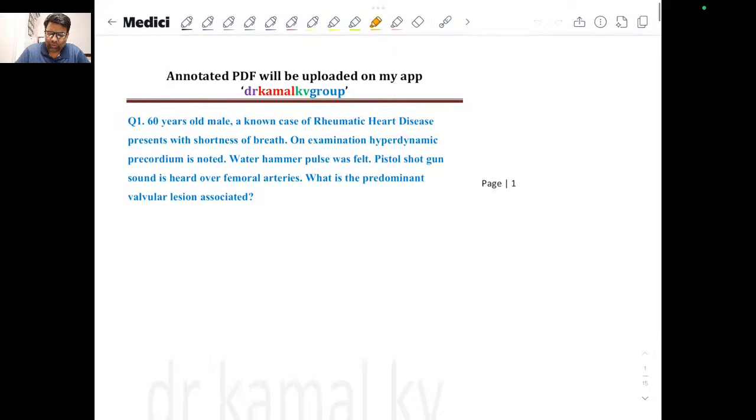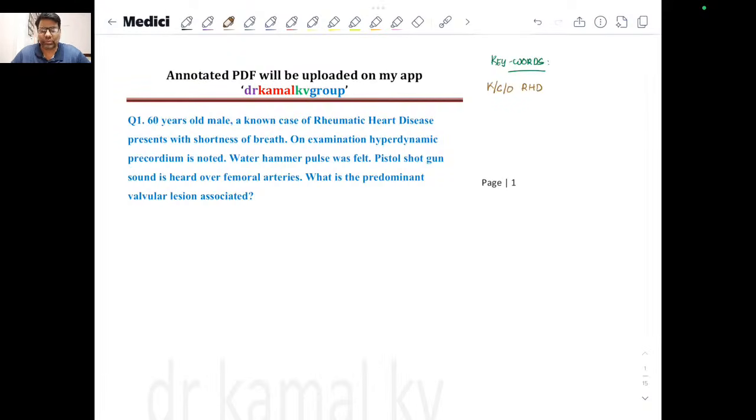Now here, what we need to do, firstly we will write the keywords, right? So let us see what keywords are given to us in the question. First is a known case of rheumatic heart disease. Second is hyperdynamic precordium.